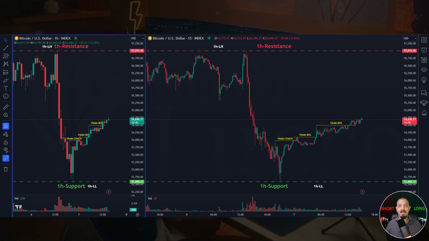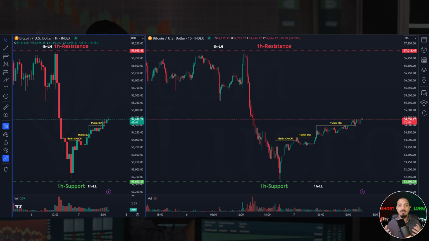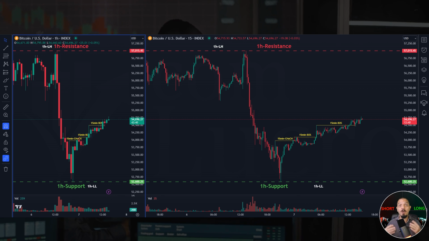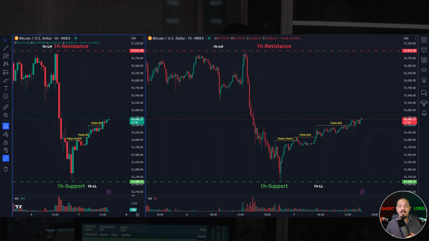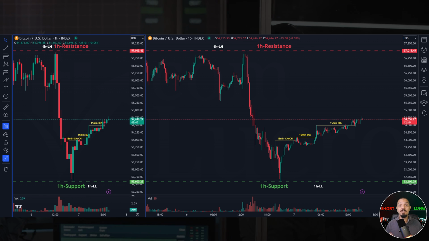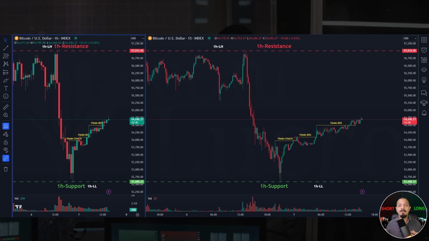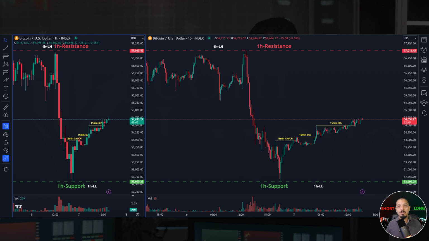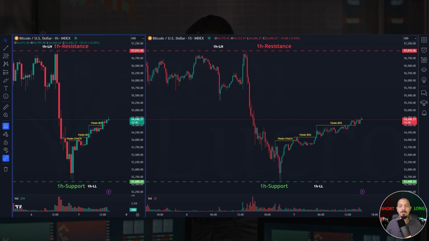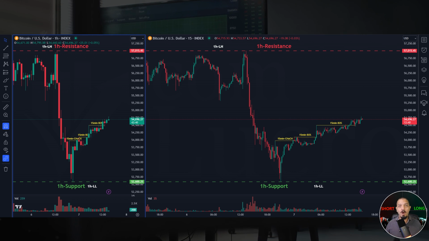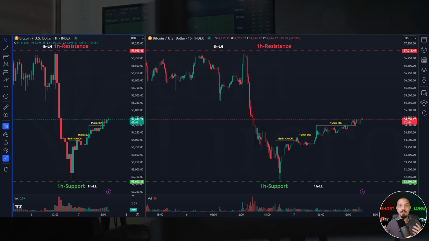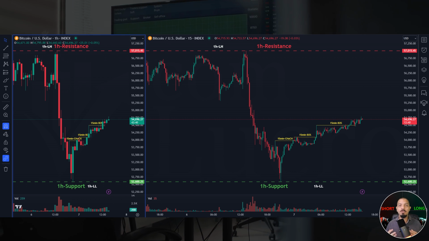Now that we've covered why using multiple time frames is essential, it's also important to understand that market movements are fractal in nature. But what does that mean? Essentially, the patterns and structures we see in the higher time frame, like the 60-minute chart, are often repeated on smaller time frames, such as the 15-minute chart.